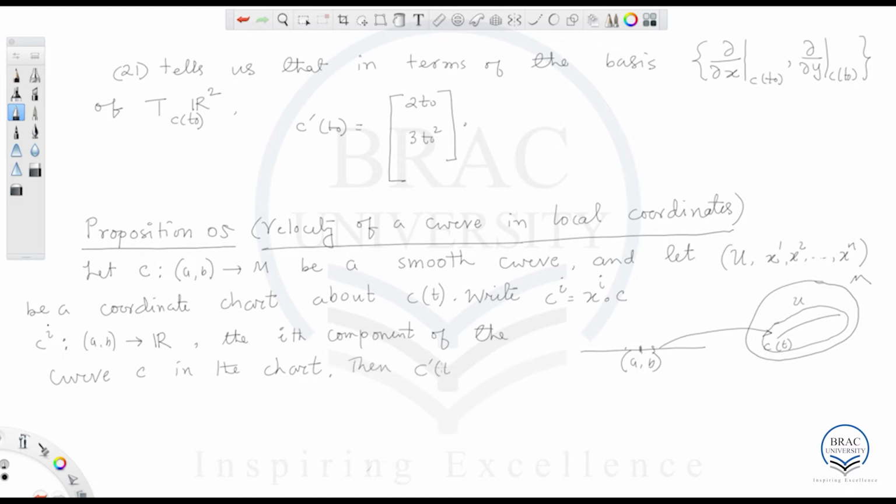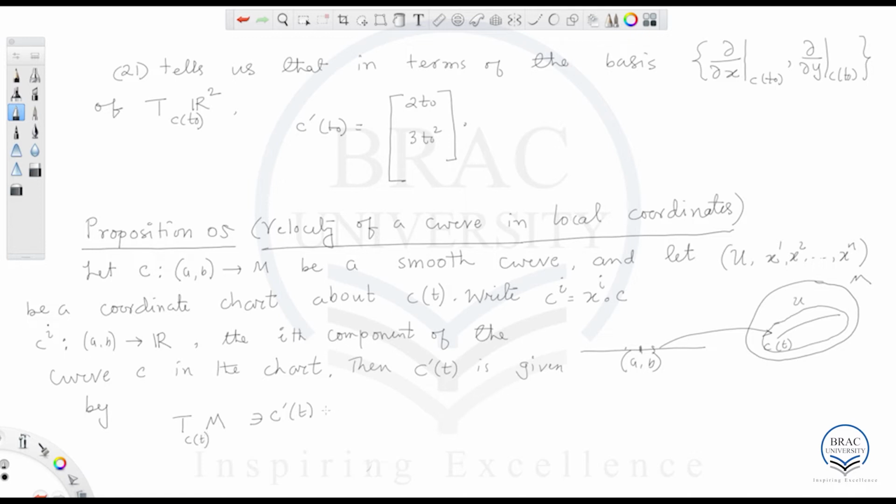Okay, then C prime of t is given by, C prime of t, which is an element in the tangent space Tm at C of t, right?